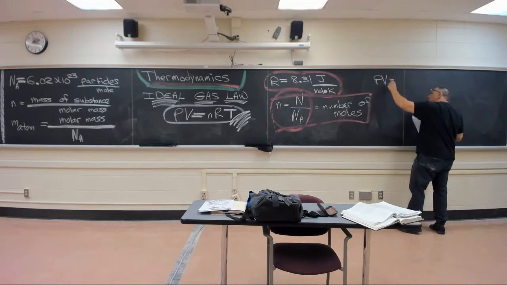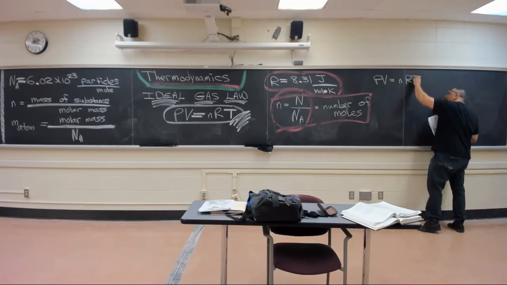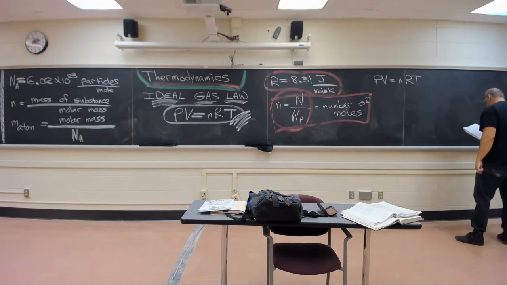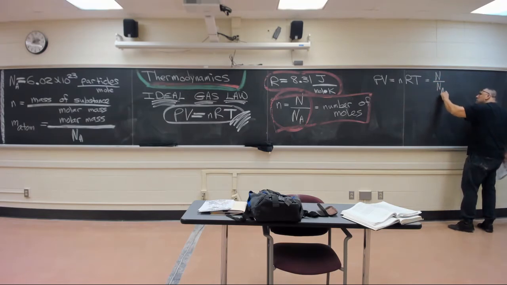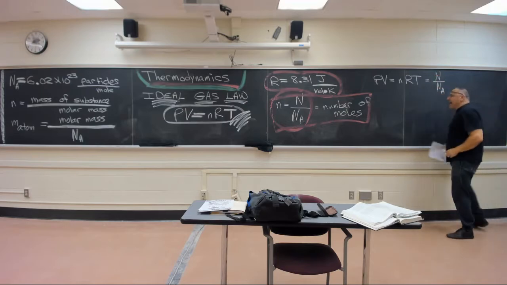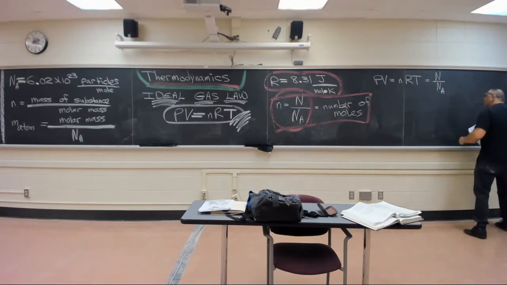You've already heard me talk about PV equals nRT. Well, let's just write it down again. And is it true that small n is capital N, the total number of particles, divided by Avogadro's number? All right, we already delivered that speech. RT.